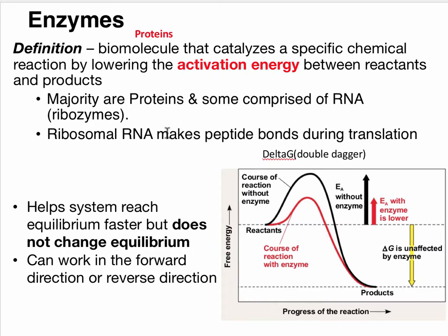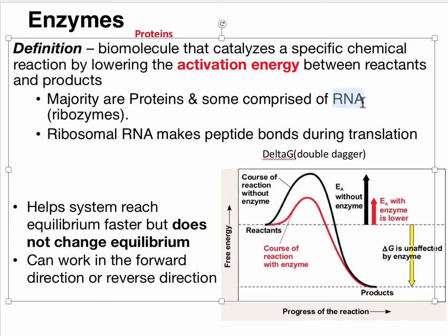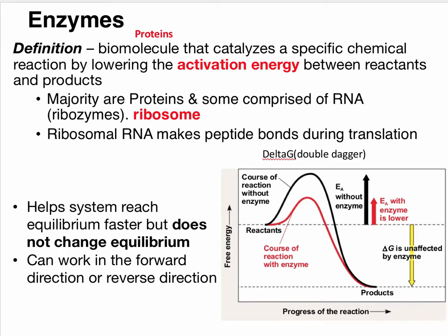So the majority of enzymes, and all the enzymes that we're going to talk about this semester, are comprised of proteins. So they are made up of our 20 amino acids. There are, however, enzymes that are comprised of RNA molecules, with the most popular always being referred to as the ribosome. And so the ribosome obviously is the organelle that is involved in protein synthesis, and this very important enzyme is comprised predominantly of RNA molecules.